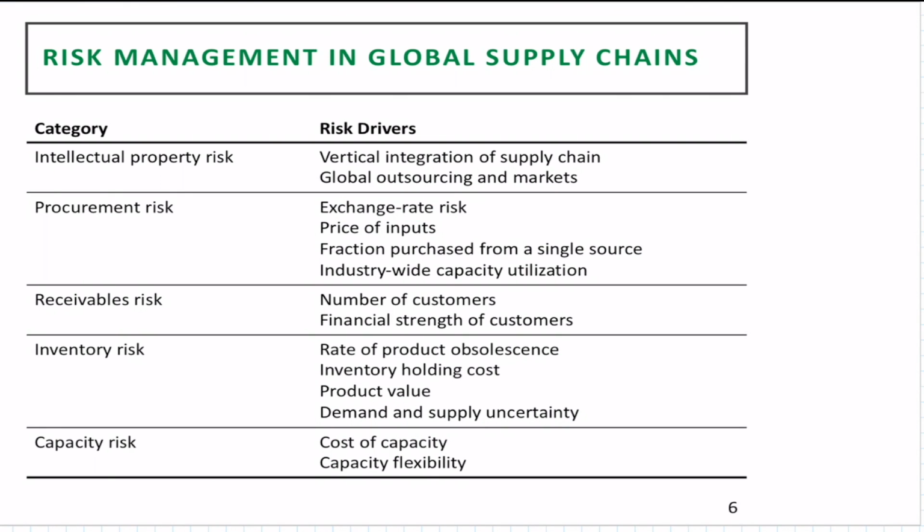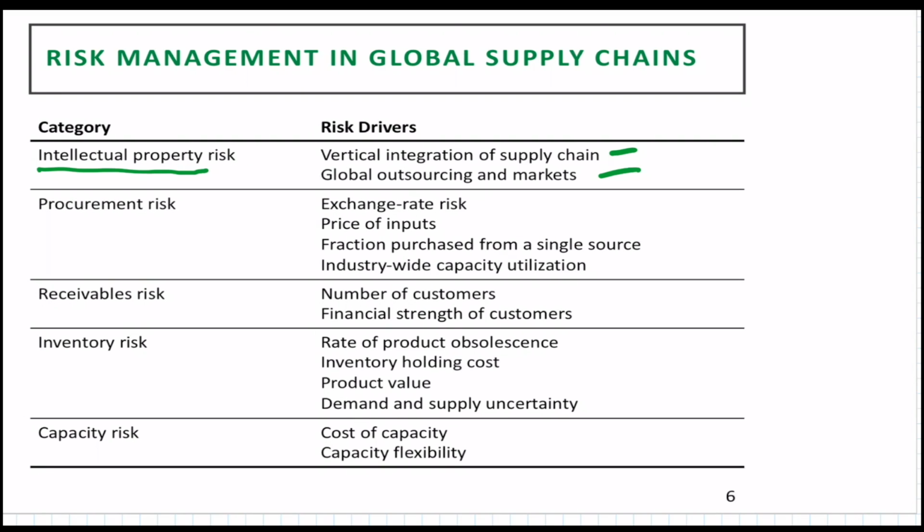In a global supply chain, when a company is working with so many different partners, there's always risk associated with intellectual property. Another risk is procurement risk. When a company buys something from a supplier and the exchange rate goes up or down, that can have a big impact on the cost.